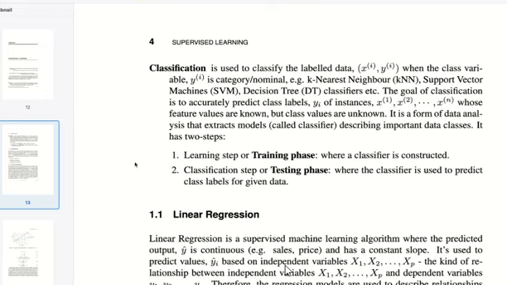We deploy the model and use it in real life applications. So first we train the model, and second we test the model.